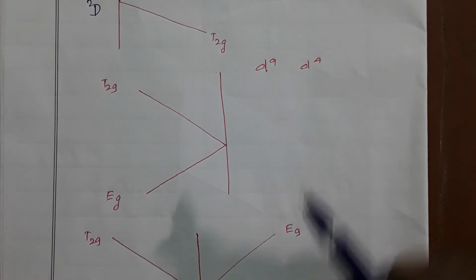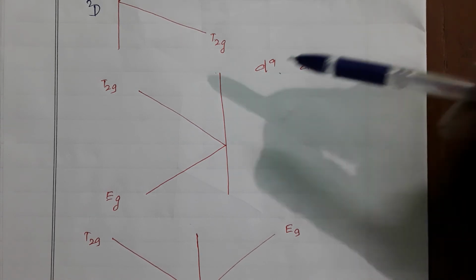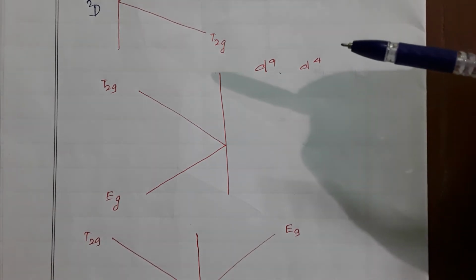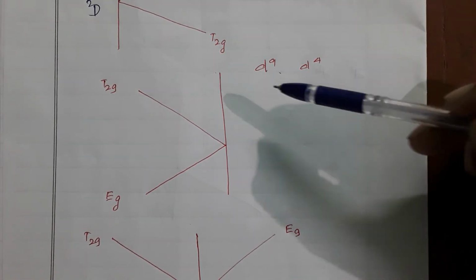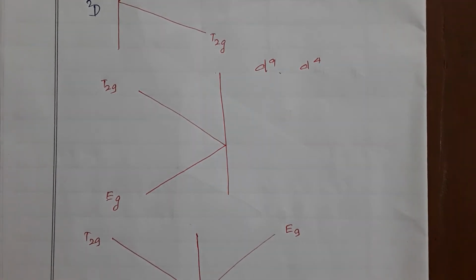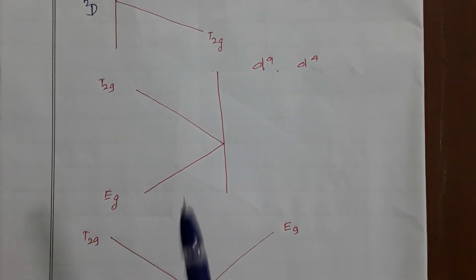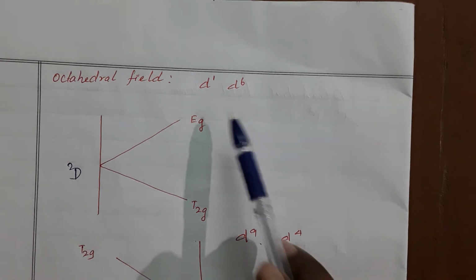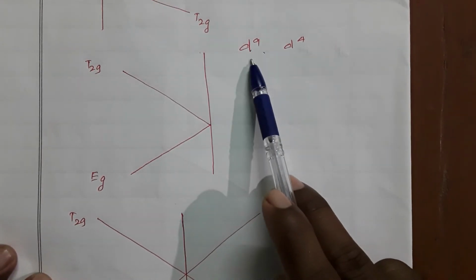The same applies for d9: d1 is the inverse of d9, because using the hole formalism you can write d1 as d9, but in inverted form. So d9 and d4 are inverted. Whatever I took for octahedral d1 and d6 is inverted for d9 and d4.